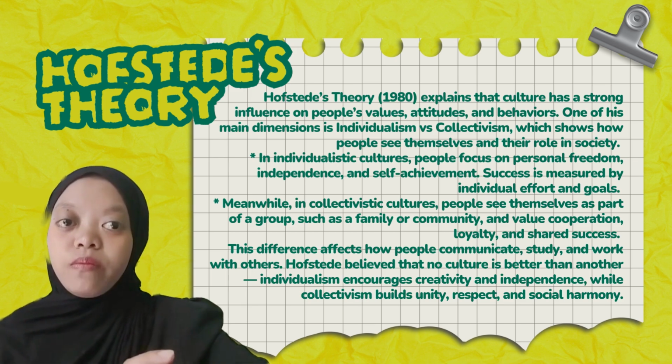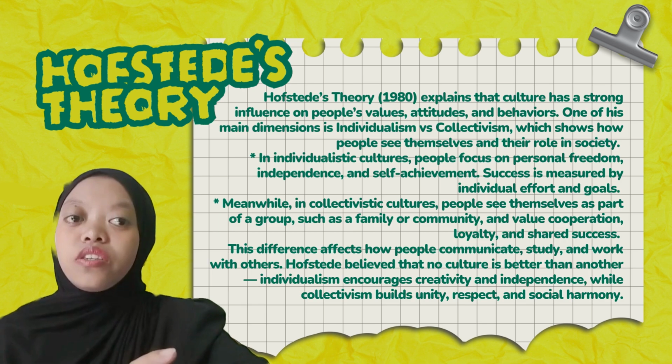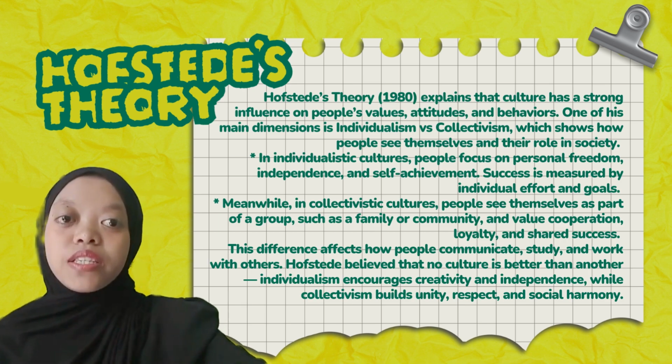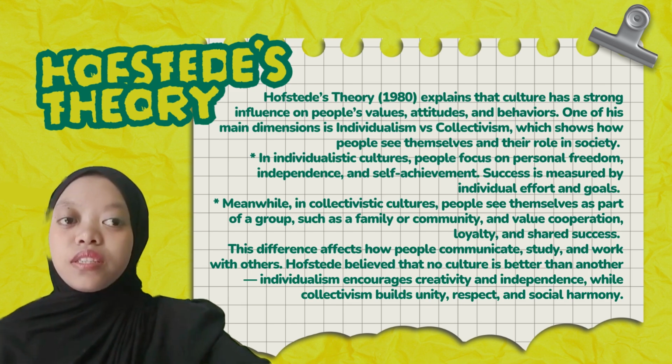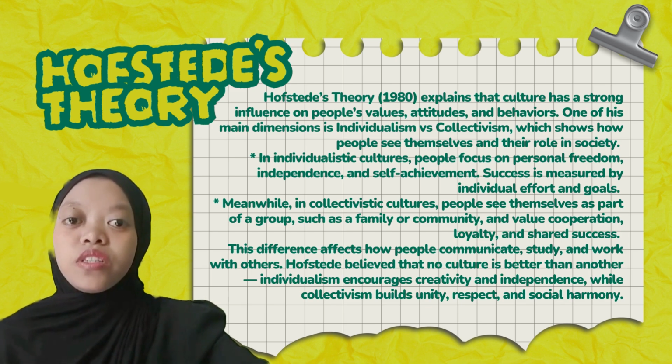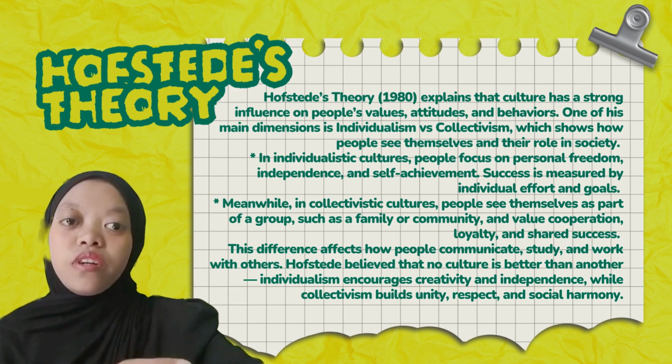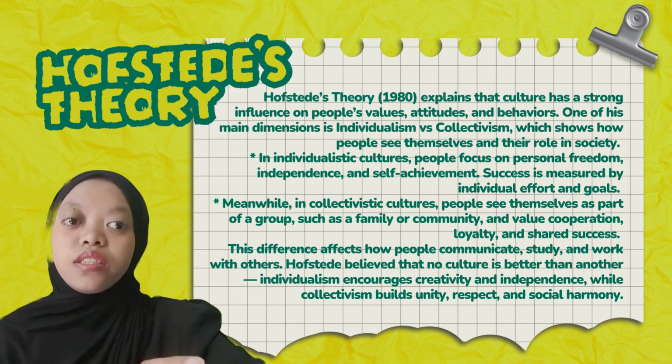According to him, in individualistic cultures, people value freedom, independence, and personal success. Success is measured by what one person achieves. Meanwhile, in collectivist cultures, people see themselves as part of a group. They value teamwork, loyalty, and shared goals.